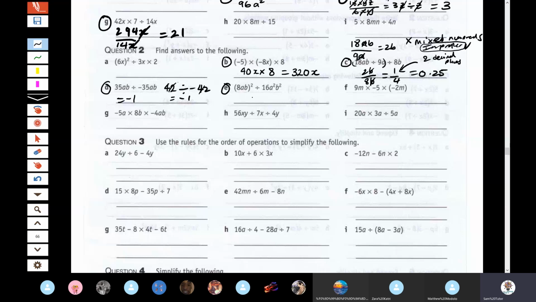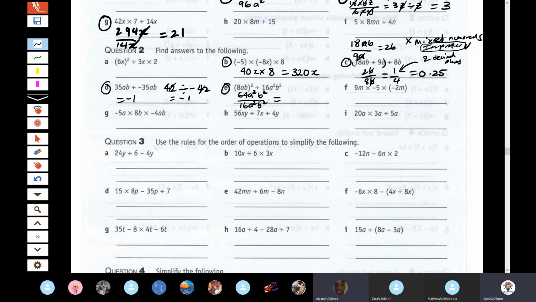All right, this one here. You do your brackets or your indices first. So 8 squared is 64. A squared, A squared. B squared, B squared. Anyone get that out? I got 4 as the final answer.